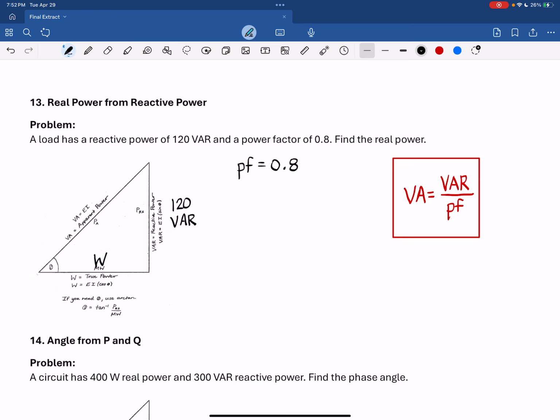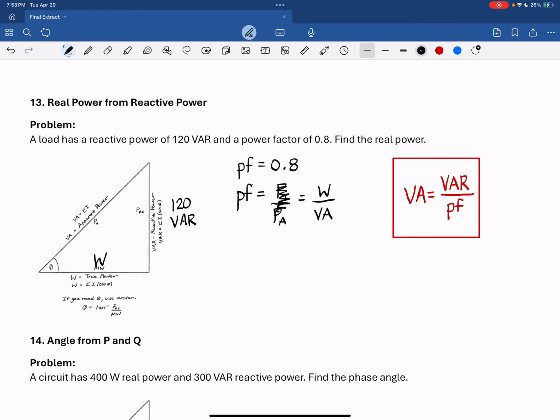So we're looking for W. Now we have talked about in the videos that power factor is equal to true power over apparent power. And in our language, we would say W over VA.